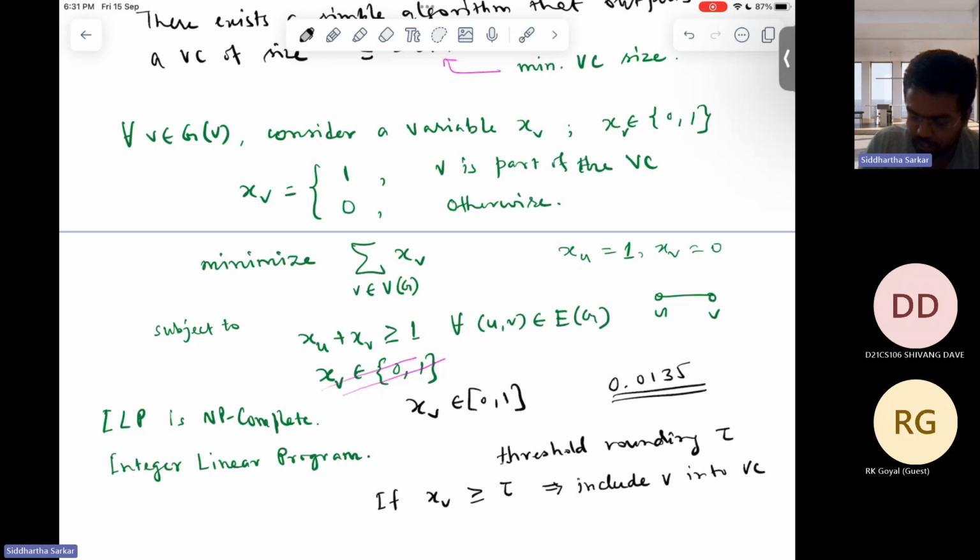Otherwise, if the linear program says that xv has a value which is less than the threshold, then we are going to exclude this vertex from our vertex cover.